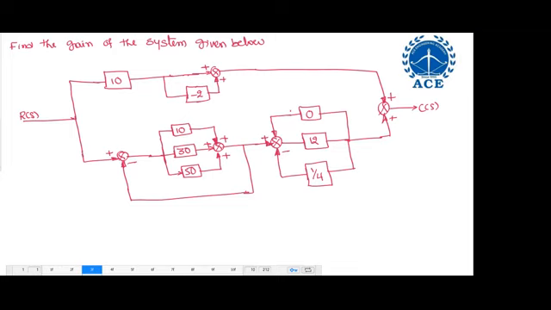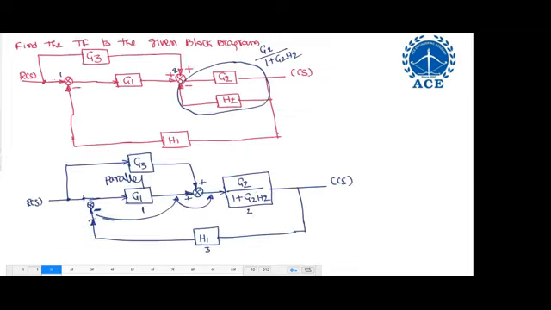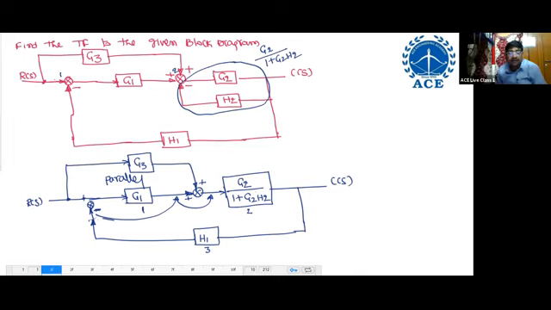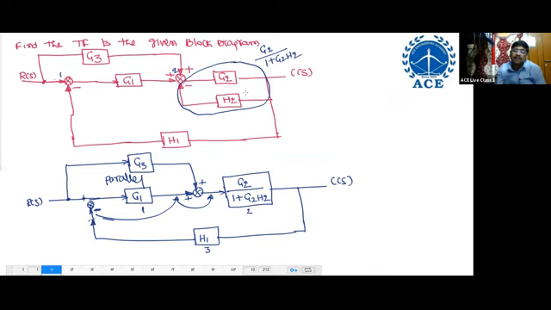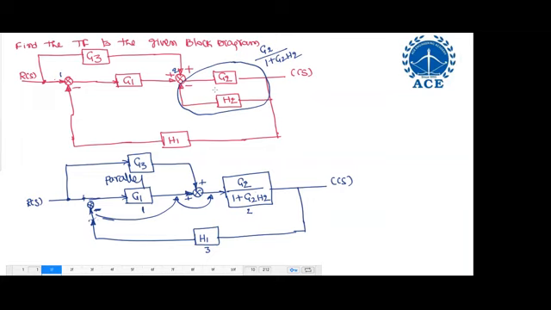Sir, in method 2, when we simplify, how are we adding with the feedback H2? Which one are you talking about? This one, first page? This is feedback only, H2. G2 with H2 is a feedback loop. Not this one, I think it's the next page.